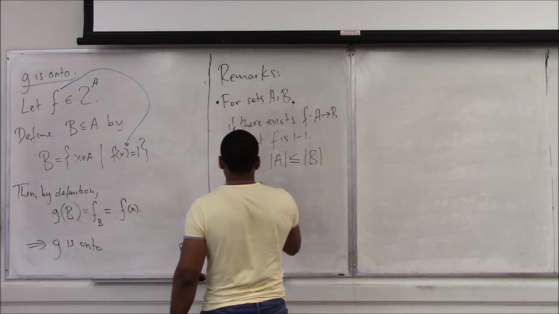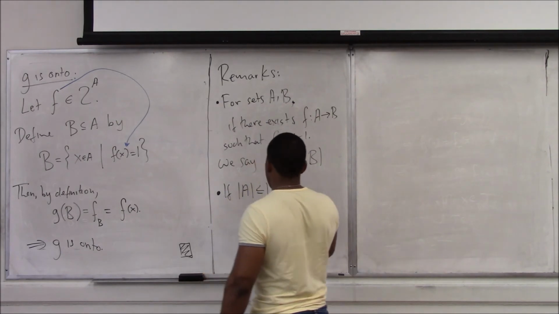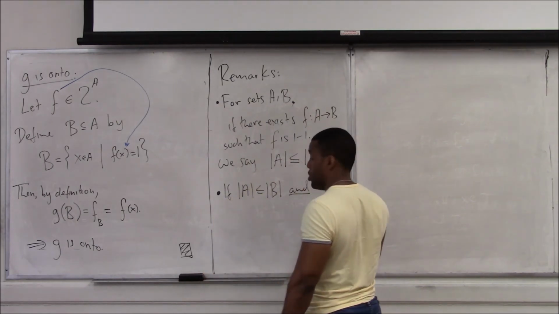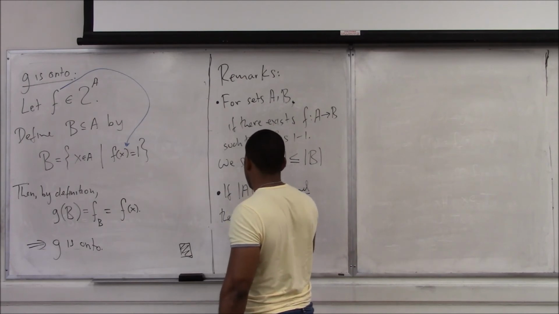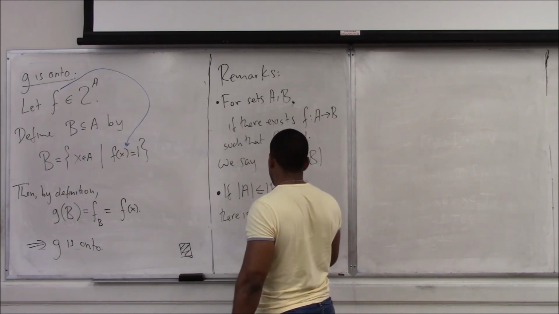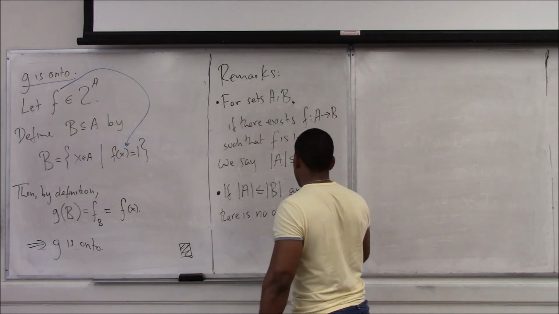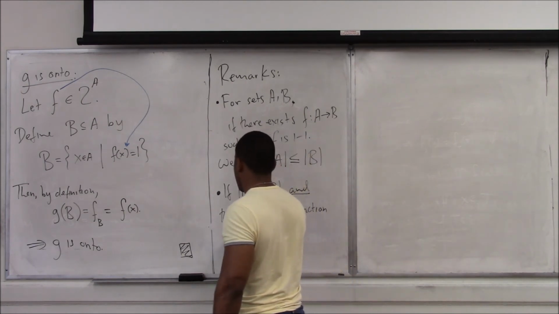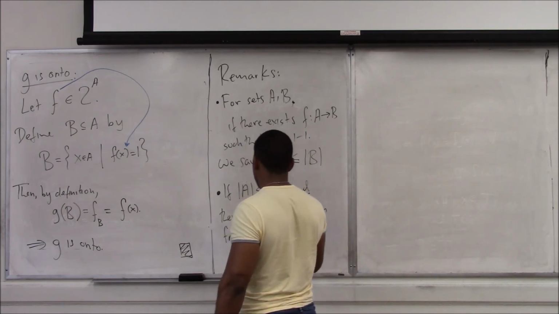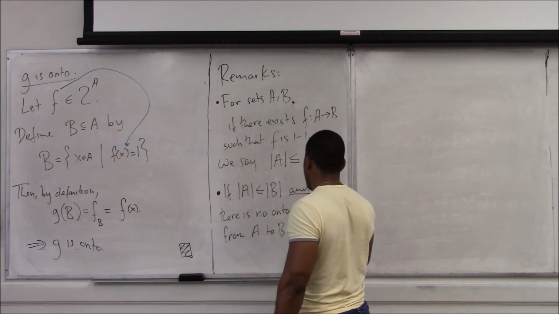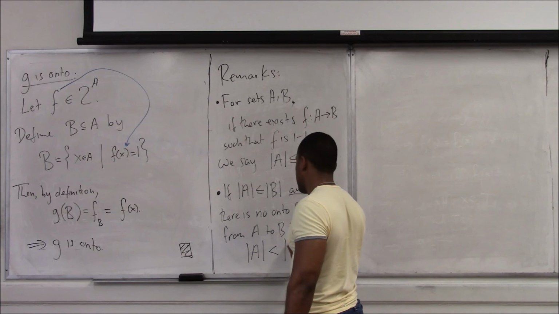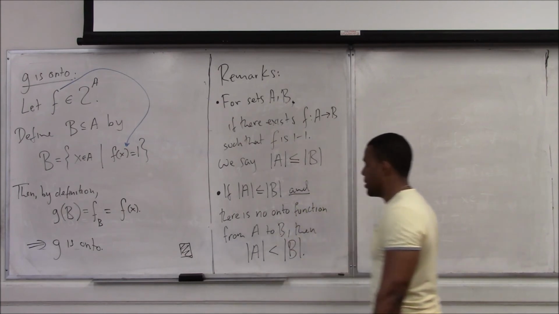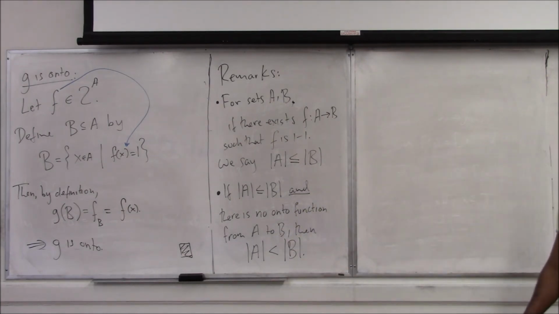If A is less than or equal to B, and at the same time you can show there is no onto function from A to B, then we say A is strictly less than B. The size of A would be strictly less than B in this case.